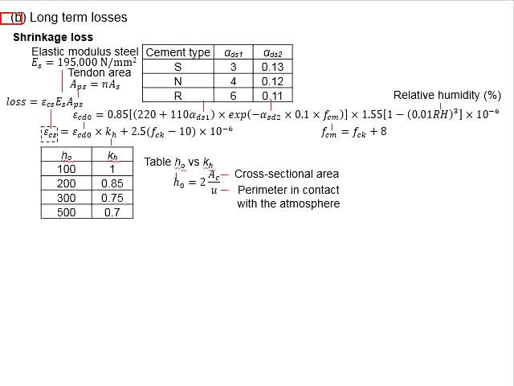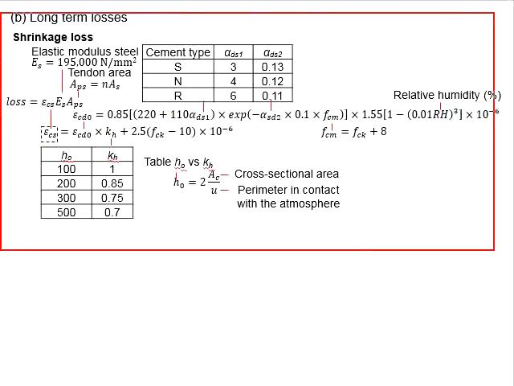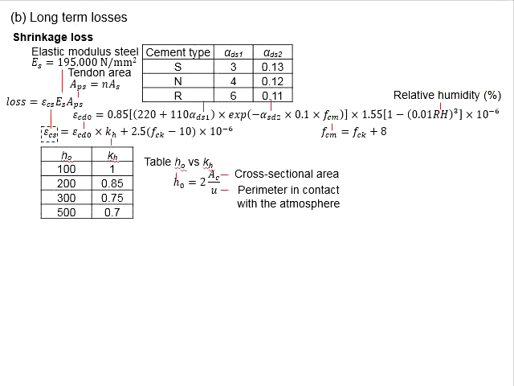This slide shows the equations for the shrinkage loss. The equation given here is in terms of epsilon, the modulus of elasticity, and also the area of the steel tendon. We know that the shrinkage loss supposedly refers to the concrete.